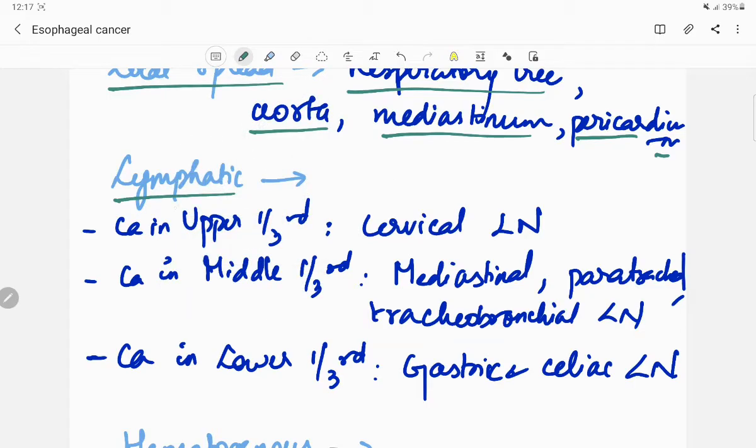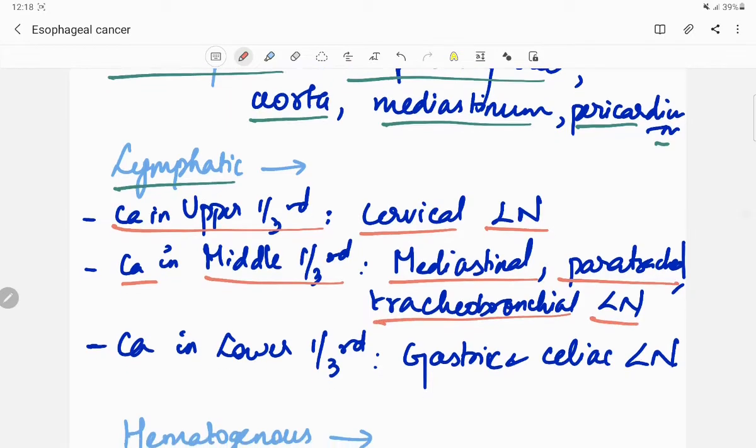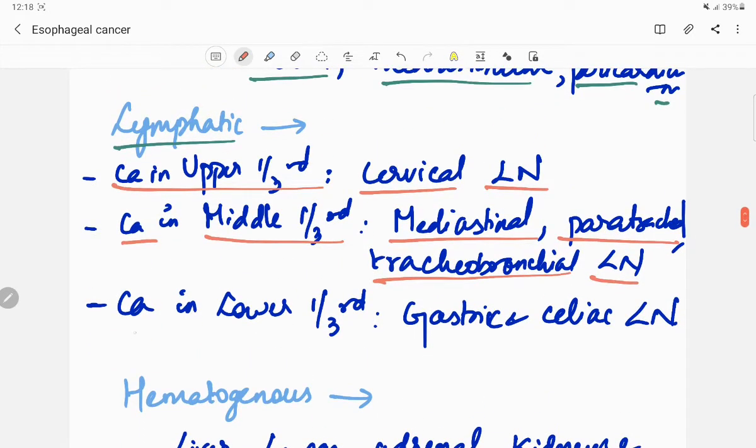First, carcinoma in upper one-third of esophagus spreads through the lymphatics to the cervical lymph nodes, and carcinoma in the middle one-third of esophagus spreads to the mediastinal, paratracheal and tracheobronchial lymph nodes, and the carcinoma in the lower one-third of esophagus spreads to the gastric and the celiac lymph nodes.